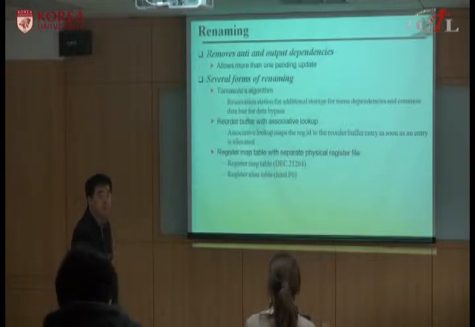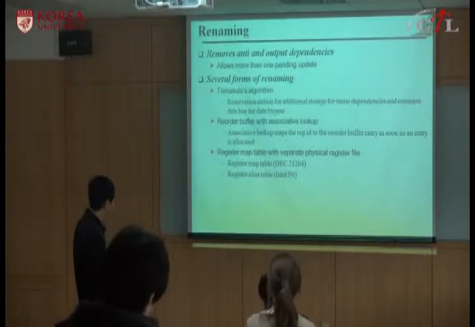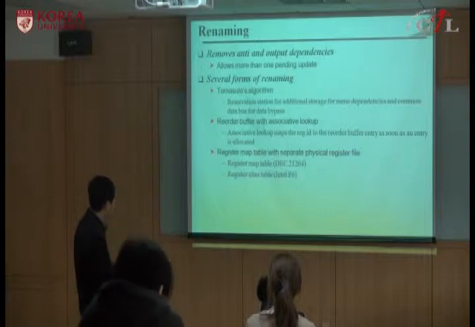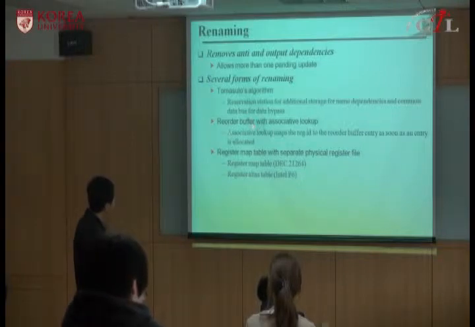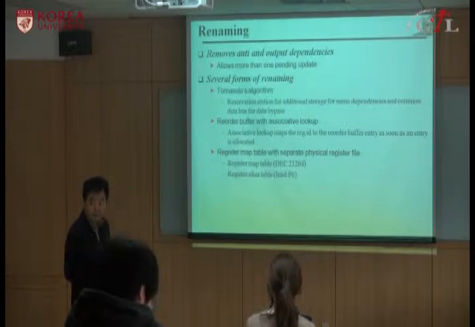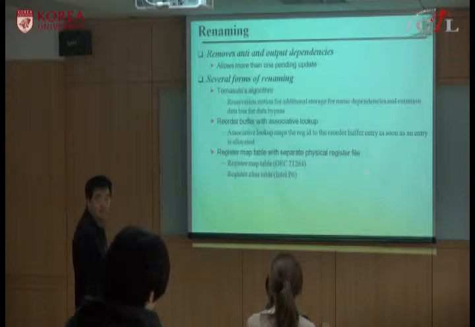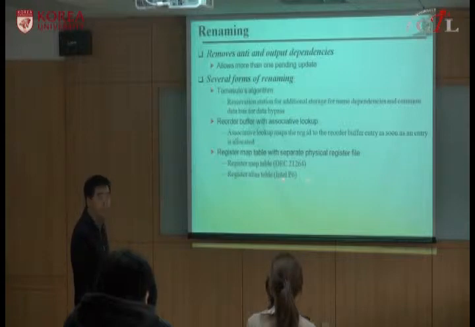Name dependence means false dependence, such as anti or output dependence. Sometimes you can use the reorder buffer for register renaming, but we can discuss this later because you don't yet understand the reorder buffer. But the more common implementation is a separate mapping table with a separate physical register file.